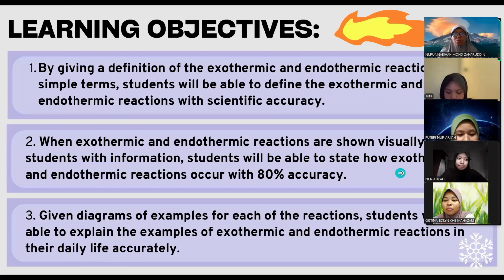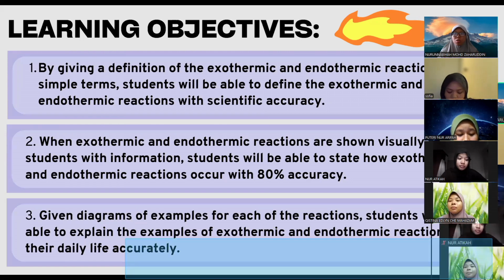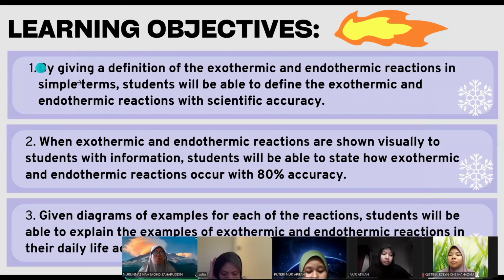Okay, before that, I will explain our learning objectives. First objective: by giving a definition of exothermic and endothermic reactions in simple terms, students will be able to define the exothermic and endothermic reaction with scientific accuracy.